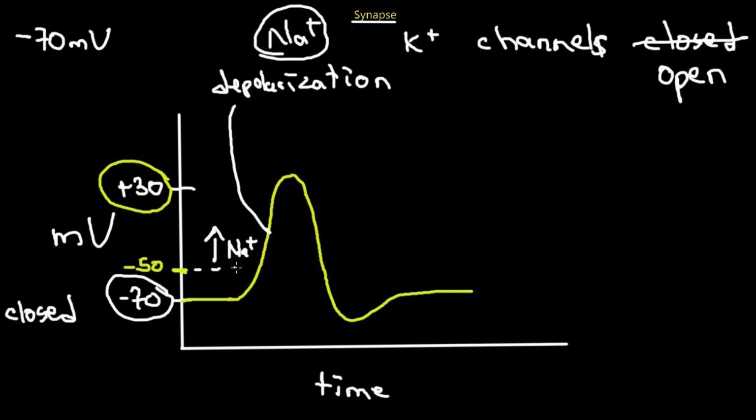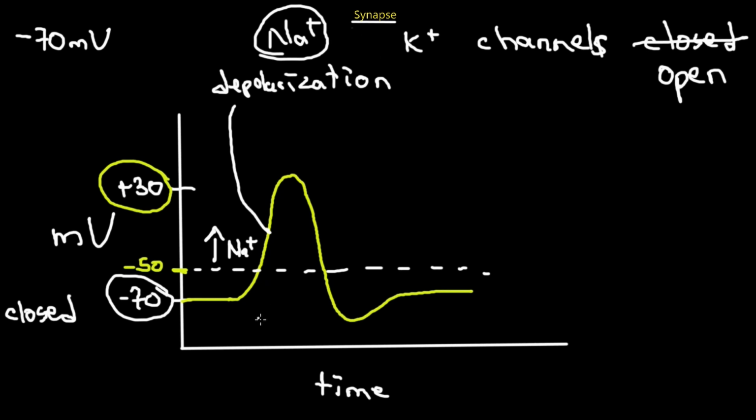And so there's this threshold, as I've mentioned before. If this threshold is passed, the depolarization originally happens a little bit slower, but as soon as it is passed, it causes a huge influx because more and more channels are becoming open. And if the potential difference reaches about negative 50 millivolts, then all of these channels are going to open, and the potential will then quickly appear to be plus 30 millivolts compared to the outside.